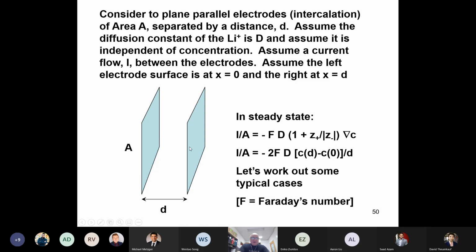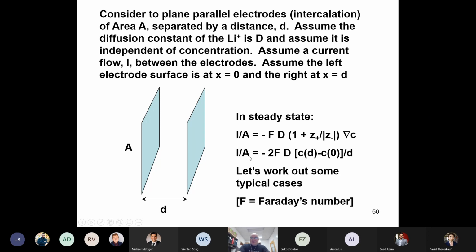In a plane parallel geometry, the concentration varies linearly with position, so this gradient is very simple. It's just the concentration of lithium ions at the right electrode minus the concentration of lithium ions at the left electrode, the change in concentration, divided by the distance between them. So that's the gradient if you have a linearly varying function.